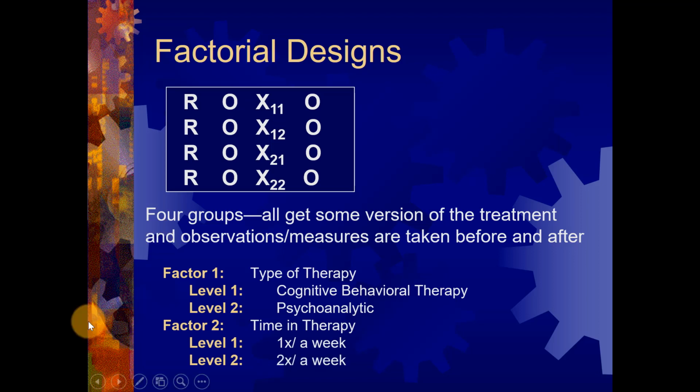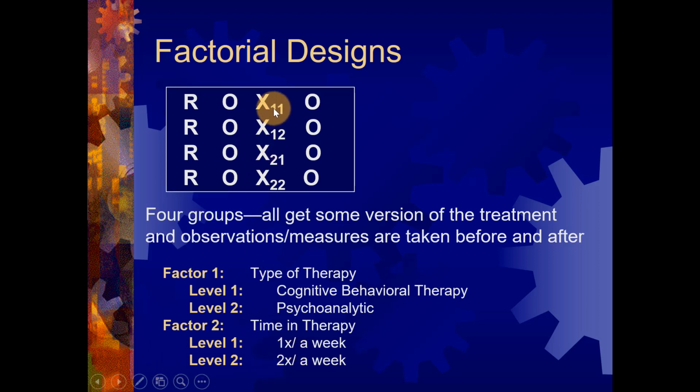So what does this mean in terms of these words connected to these notations? Well, let's take group 1. The first factor, remember this is factor 1 and this is factor 2. So we know this number refers to factor 1, level 1. So we know they are receiving cognitive behavioral therapy, and this is factor 2, and it's a 1, so it's once a week.